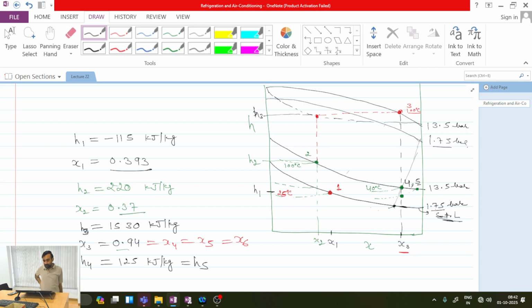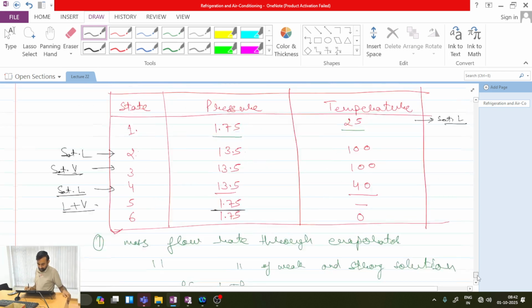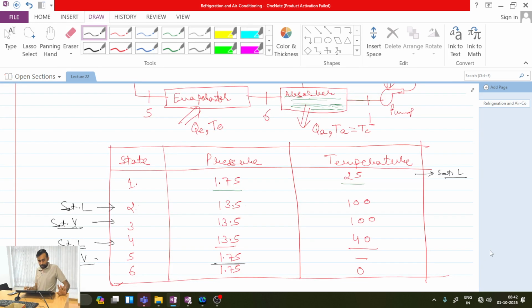Okay, let's go to state 6. What is state 6? Exit of evaporator. What are the conditions given? The first point we must know is that the exit of evaporator should be close to the vapor region. Either it should be pure saturated vapor or it could be a mixture of liquid plus vapor but with a very small amount of liquid.